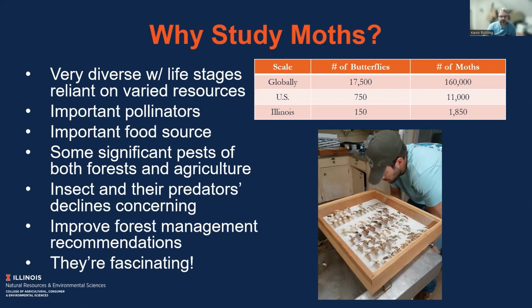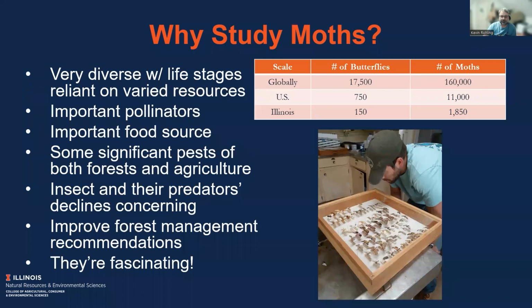They also serve as important pollinators, which, we give a lot of credit to bees and butterflies, but moths actually do a significant amount of pollinating as well. They're a critical food source for species of concern, especially birds and bats, as we'll look at in a couple of other slides here.